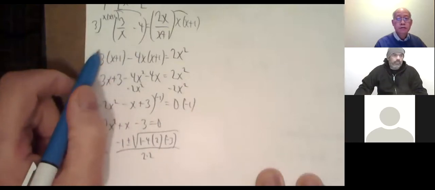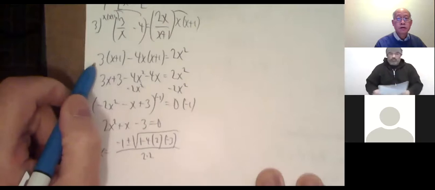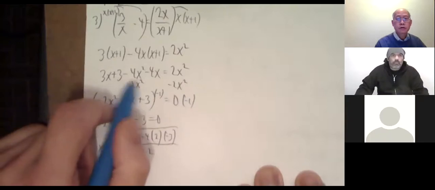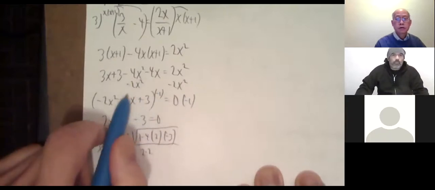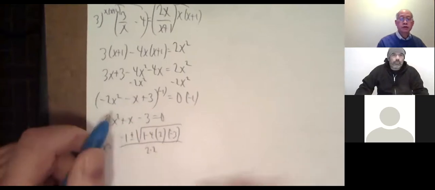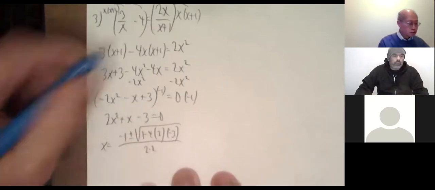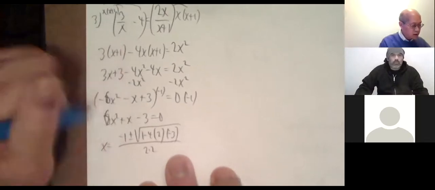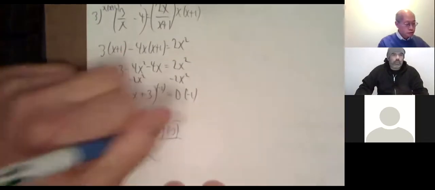See, x times x plus 1, 3 times x plus 1 minus 4x. 2x squared. Minus 6x squared, correct. This should be a minus 6, which makes this a positive 6. Okay. Yes, sir. Okay, thank you.